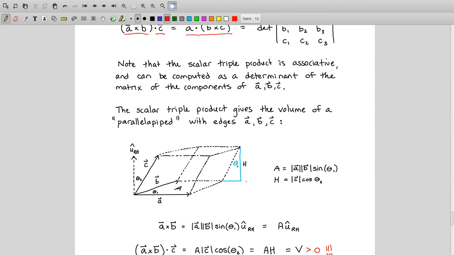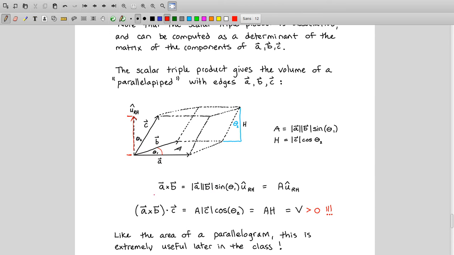And that base we could call A. We know it is itself a parallelogram, so the area of the base is magnitude A, magnitude B sine of this angle theta here. And you get a vector that points in this direction straight up in this picture. And then the height is from some trigonometry. It is the magnitude of this vector C times the cosine of the angle theta 2. Gives us the height of the parallelepiped.